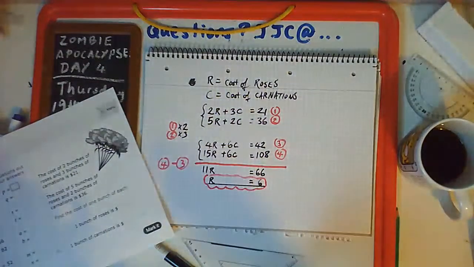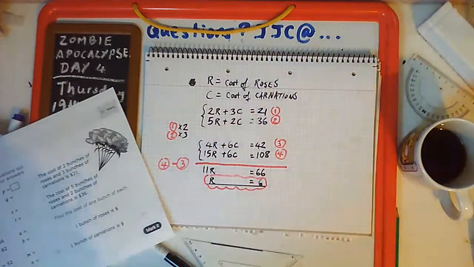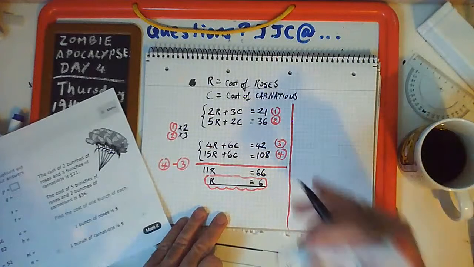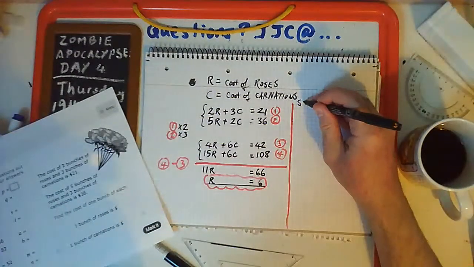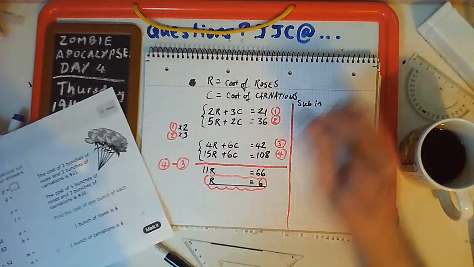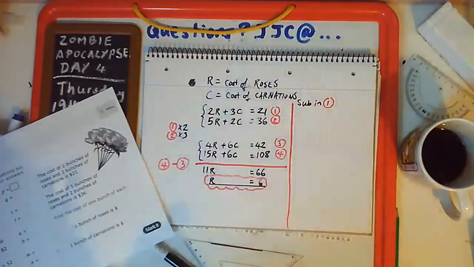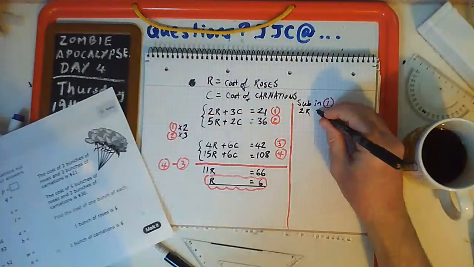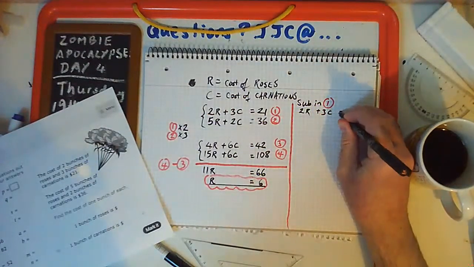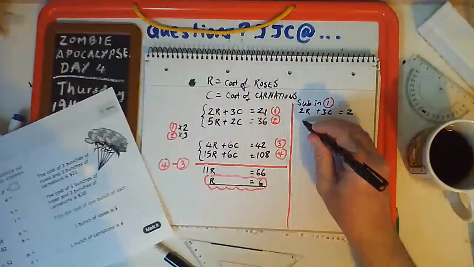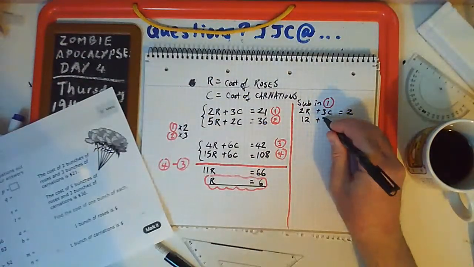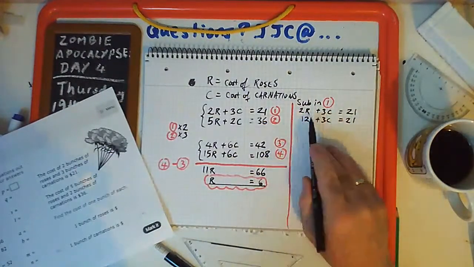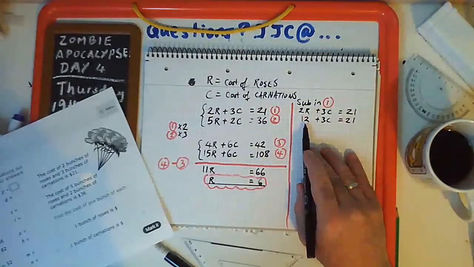So now that I've figured that out, I can substitute that 6 into my original equation 1. So equation 1, which said 2R plus 3C equals 21, becomes 12 plus 3C equals 21, because I figured out that R is 6, so 2R is 2 times 6, 12.